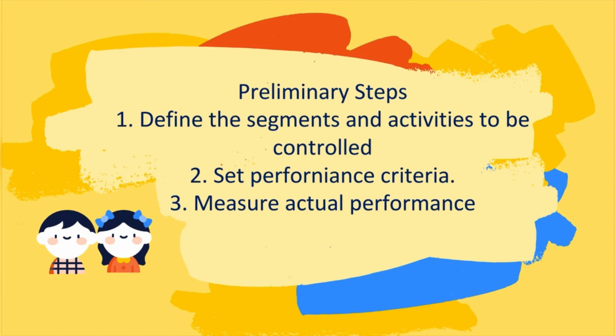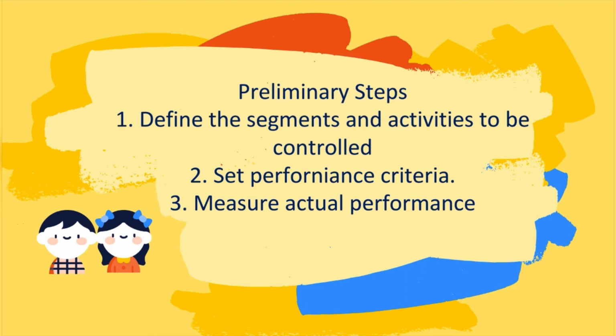So, organizers need to make clear the demarcation line for responsibilities. Second, set performance criteria. We need to define policies, goals, and standards for each organizational segment and activity. And top management needs to ensure that there is goal congruence between individual and organizational goals.